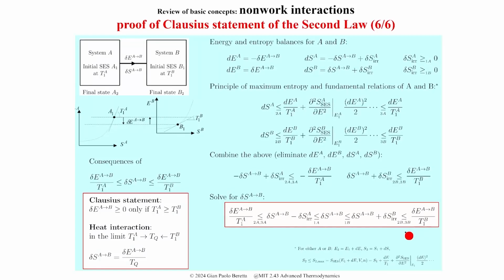Okay, but for example, suppose system A is a reservoir, and suppose it does end in a stable equilibrium state, and suppose that there is no entropy produced by irreversibility within A. Okay, that is enough for this strict equality to apply and that strict equality to apply. So that means that the amount of entropy that is extracted from A is equal to the amount of energy extracted divided by the temperature of A.